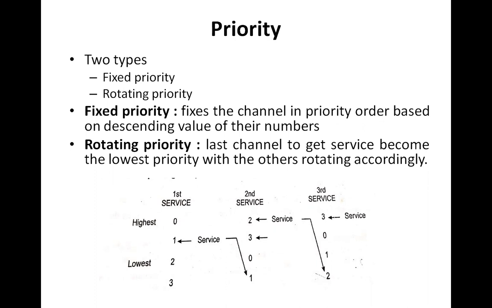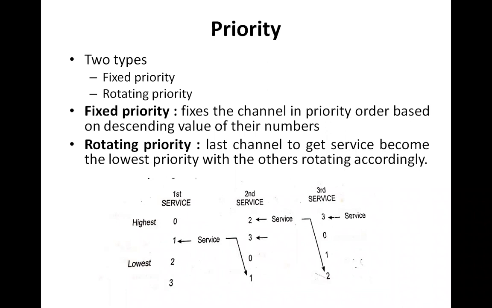Now, this priority is designed in a certain manner because there is a possibility that more than one device connected with the different channels may require DMA services simultaneously. So the DMA controller has to decide which channel has to be taken first, and that is why it fixes the priority.